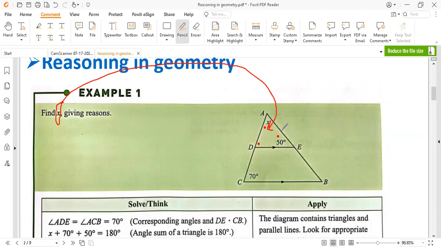Why? Because we know that in any triangle, the sum of angles equals 180 degrees.